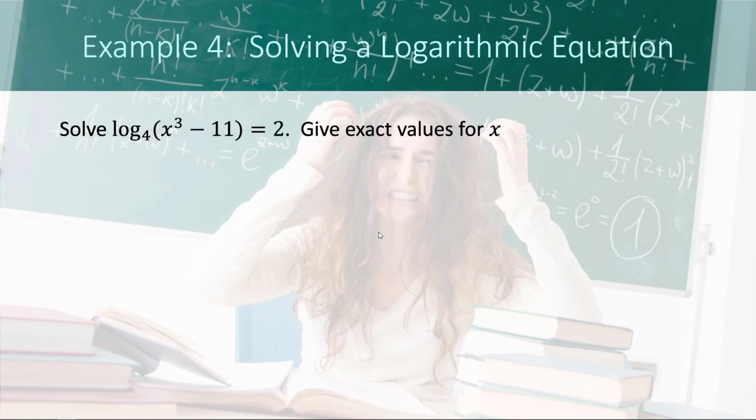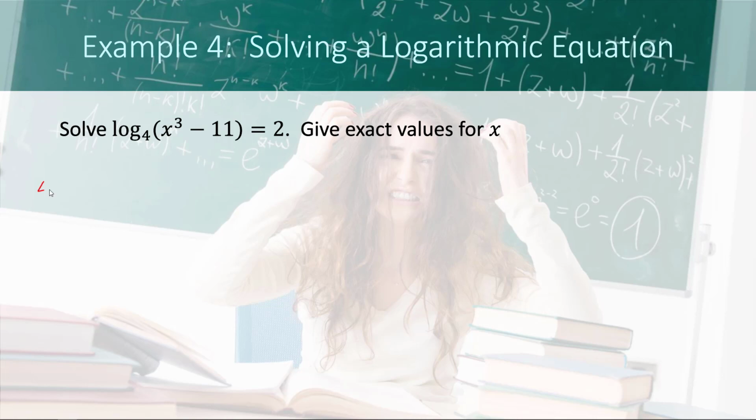Okay, so let's take a look at this one right here. This one is the log base 4 of the quantity x cubed minus 11 is equal to 2. And we want to find the exact values for x. Now, the one thing that we could do is raise each of these terms to the 4th power.